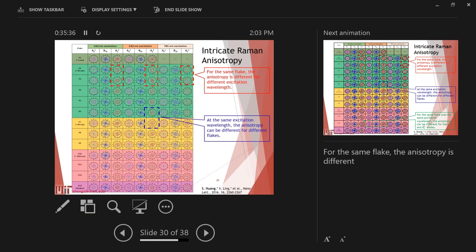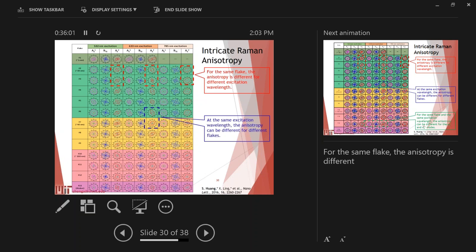So we know that different excitation wavelengths can give us different Raman anisotropy. So you can see very clearly for this 532 nanometer excitation, the Raman polar plot is towards roughly 30 degrees. And for this 633 case, it's towards 120 degrees.